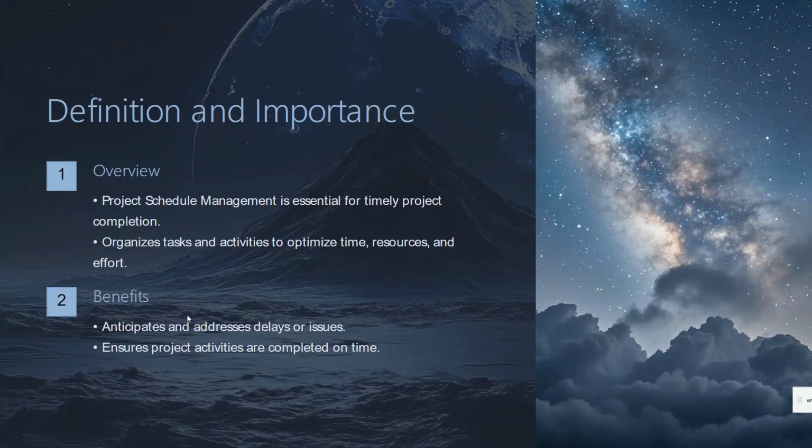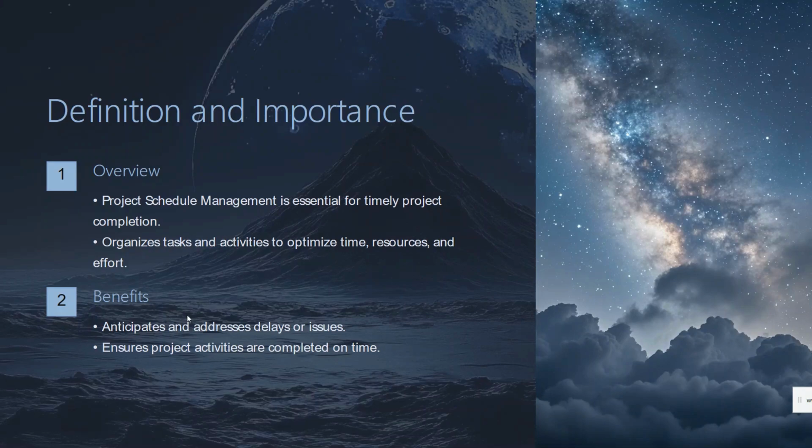So let's start from the definition and importance first. Project schedule management is a crucial part of project management that involves planning, developing, managing, and controlling the project schedule to ensure that the project is completed on time.